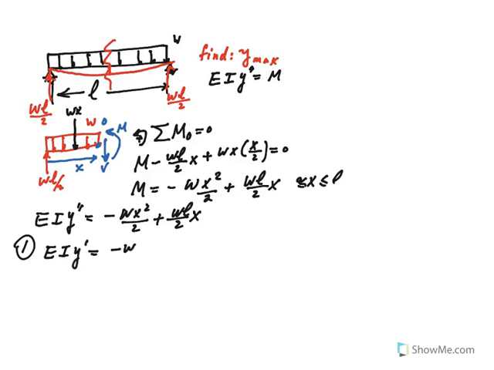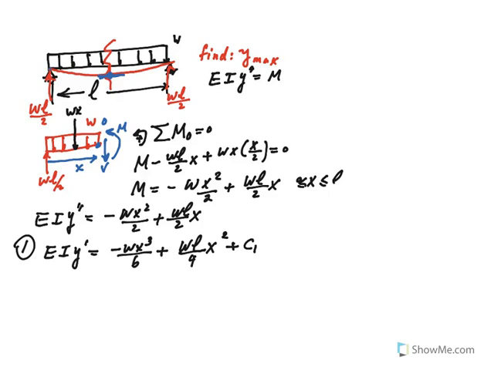The equation of the slope would be minus Wx³/6 plus WL/4 x² plus a constant of integration. Now, if you don't see the obvious boundary condition, which, because of symmetry, you could see that actually the slope is 0 here at x equals L/2, it's okay. You can continue integrating and get both C1 and C2 in the same equation.